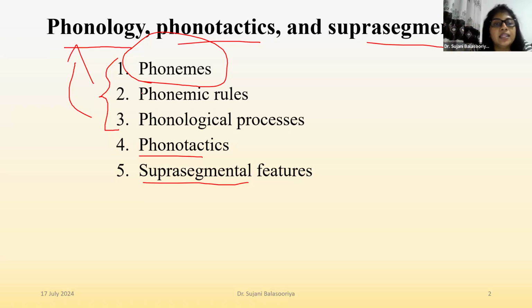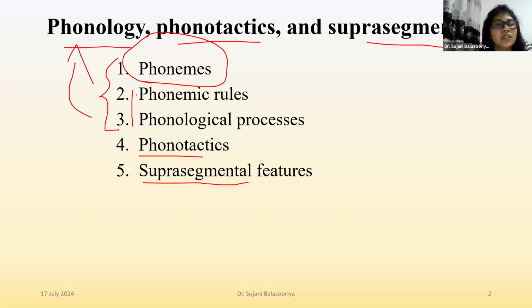Then there is another area which is not yet very familiar to you, as I understand: phonemic rules and phonological processes. I'm sure you have not discussed numbers 2 and 3 in your diploma program, but here you will be learning.